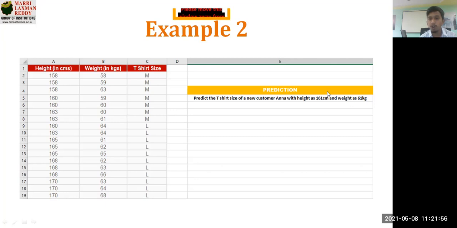These points are not available in our data set, so you need to calculate the distance from x1, y1 to x2, y2. Here height is x2 and weight in kgs is y2. For each row, compute the Euclidean distance values.